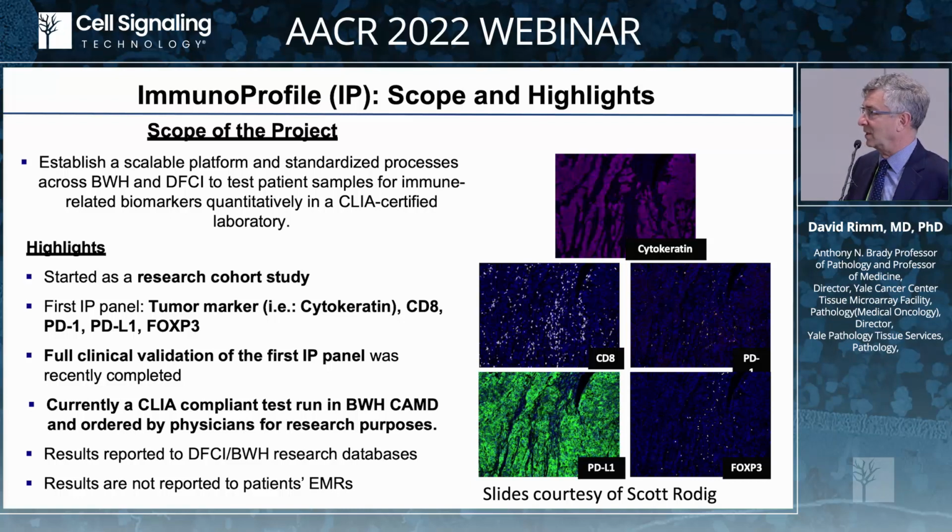It's in a CLIA-compliant atmosphere at Brigham and Women's, and the results are reported out in a mechanism that the clinicians can actually see, although it's not technically in the patient's chart. The results are not in the patient's electronic medical record, but it's a click-through, a link from their medical record. So clinicians can see it, although it's a research use only test.